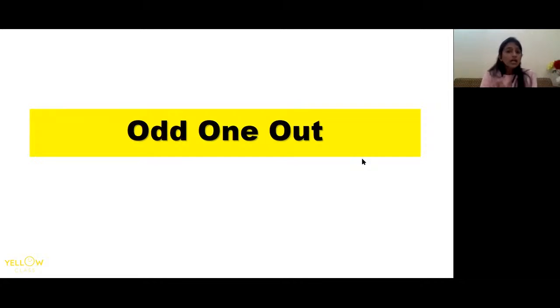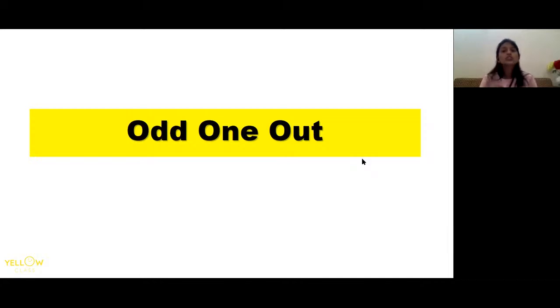So now see, whenever we have symmetry questions, when you prepare for any kind of exam or somebody asks you, usually we give the questions in the form of odd one out. Odd one out means you are given a few pictures and you have to find out which is different.